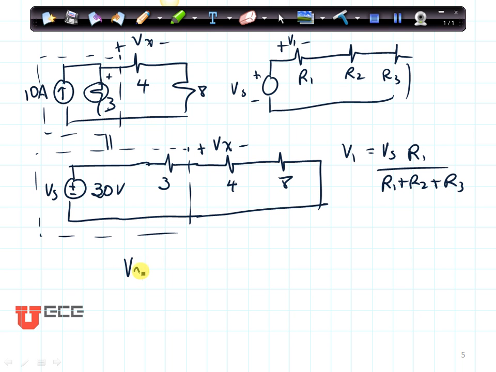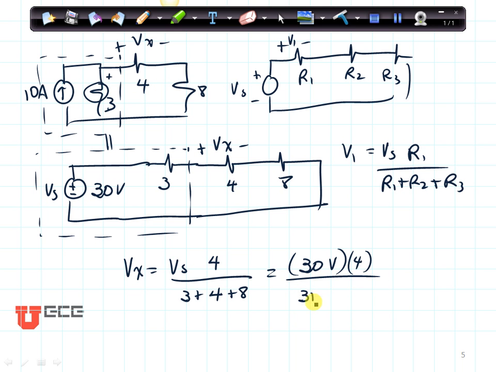So finding Vx now, I can just say that is equal to Vs times 4 divided by 3 plus 4 plus 8. And my Vs is 30 volts. So again, 30 times 4 divided by 3 plus 4 plus 8. So that's the second way of being able to solve this circuit.